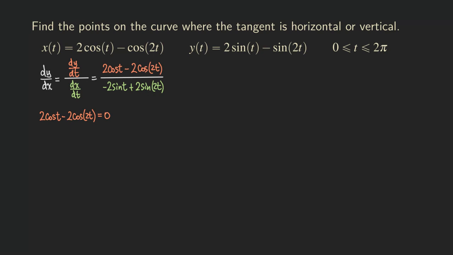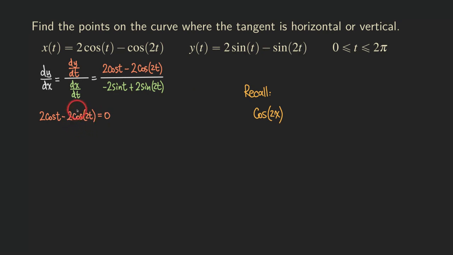And so what we are going to do is first look at a formula. This is called a double angle formula, which is cosine of 2x. It's really because we have a cosine of 2t right here.